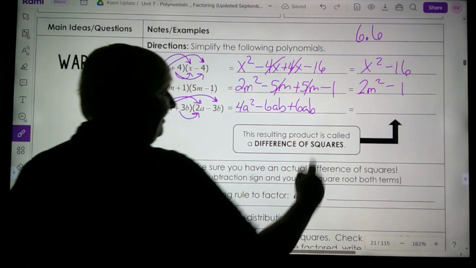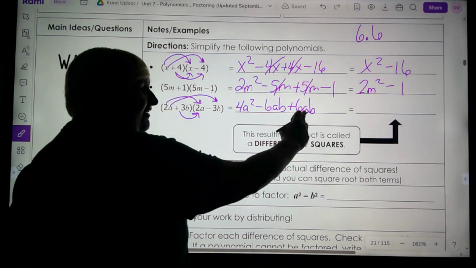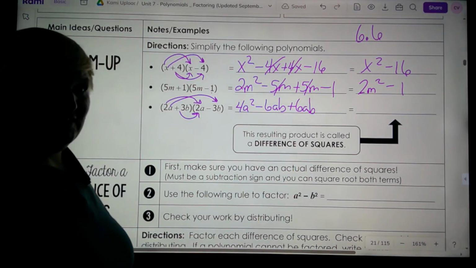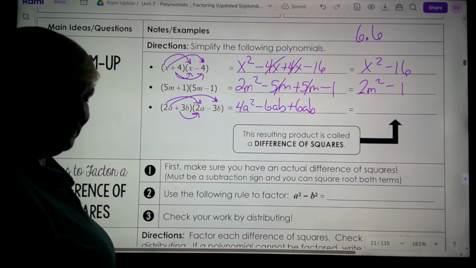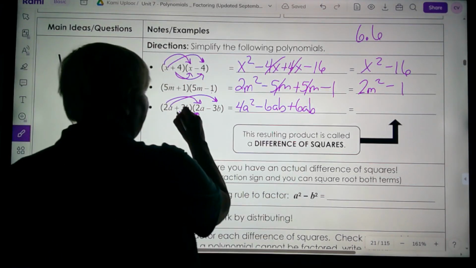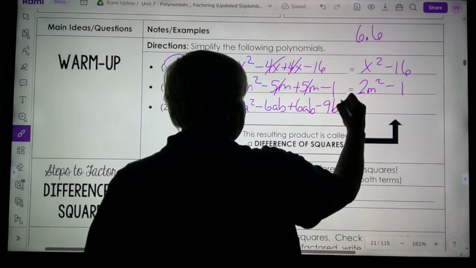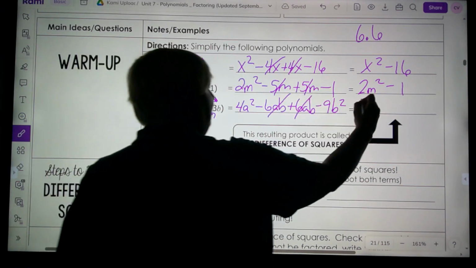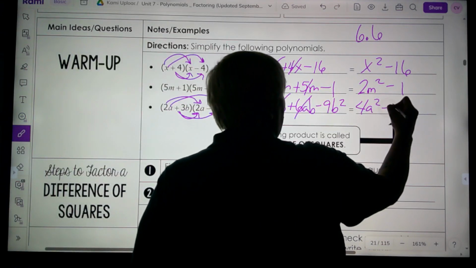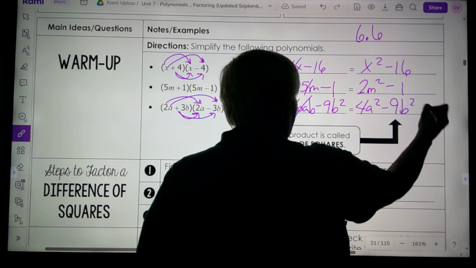And if you remember to write them alphabetical, you'll be able to recognize immediately when you have inverses, when they cancel each other out. If they were out of order, you wouldn't know they canceled each other out. Negative 9b squared, 4a squared minus 9b squared.